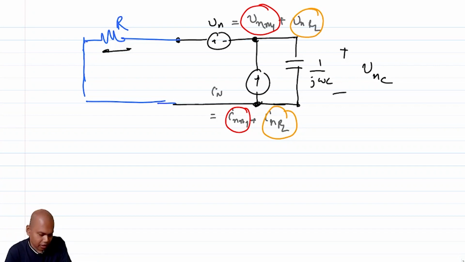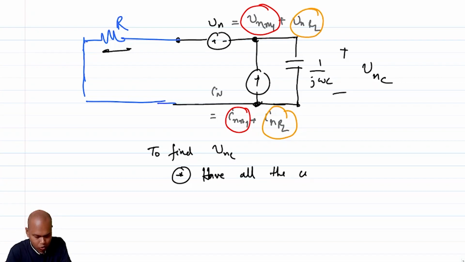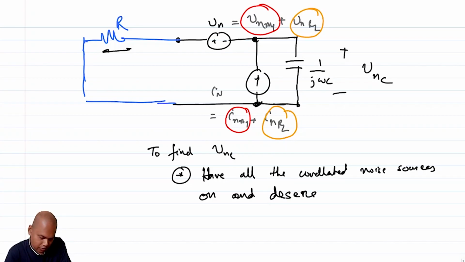So to find VNC, what are the steps we are going to follow? Step 1 will be to have all the correlated noise sources on and desensitize all other uncorrelated sources.